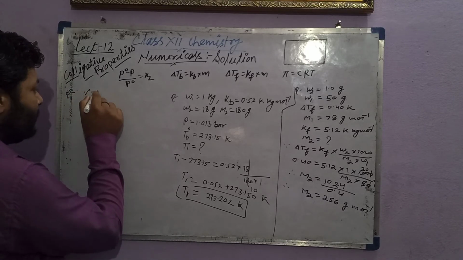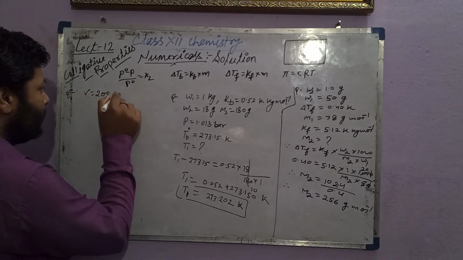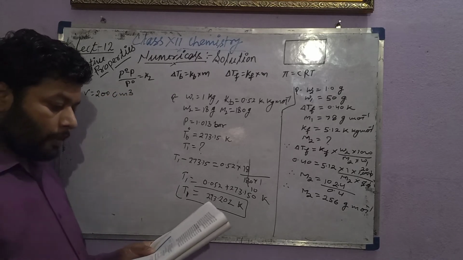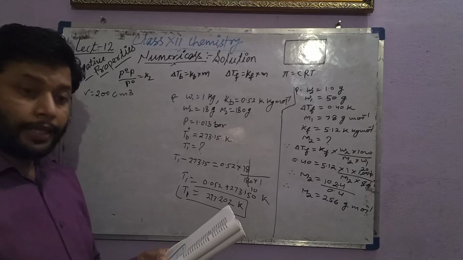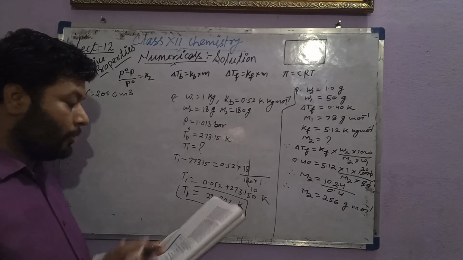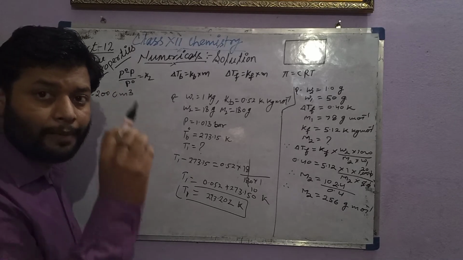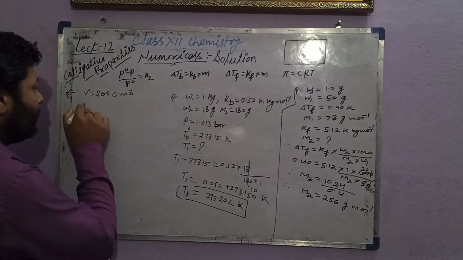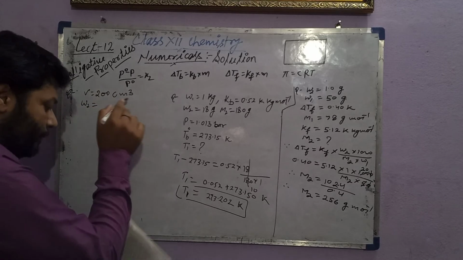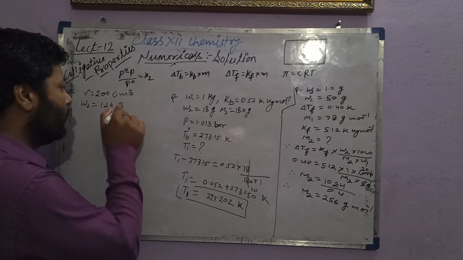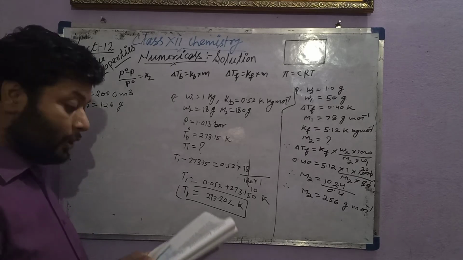The volume of solution is given, that is 200 centimeter cube. The protein is a solute, in aqueous solution, so the protein is dissolved in the water. The mass of protein is given, W2 is 1.26 gram.